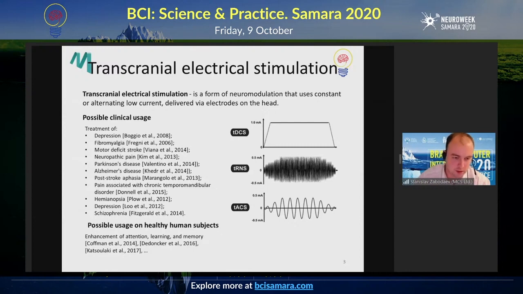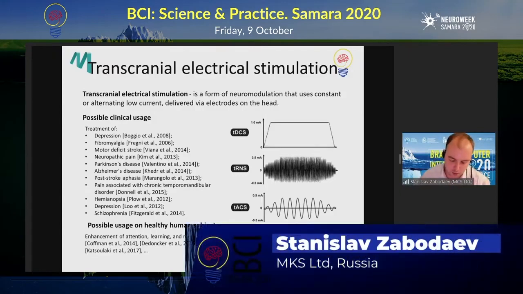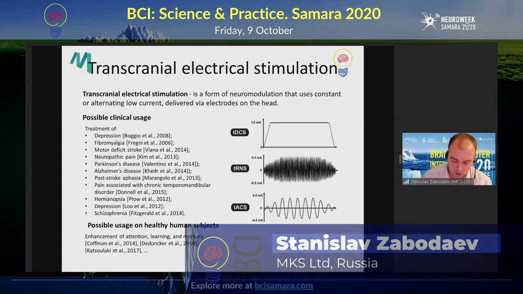And for healthy people, we also try to use TES, transcranial electrical stimulation. And current studies show that it is possible to use this electric stimulation to increase the volume of the short-term or operational memory, some other cognitive functions compared with the reference group that didn't get the stimulation.